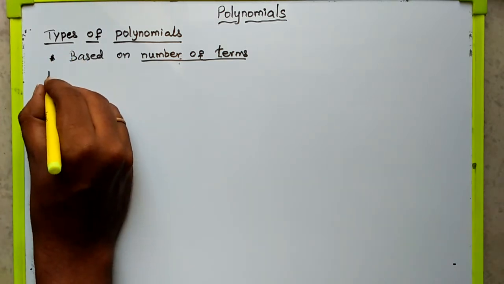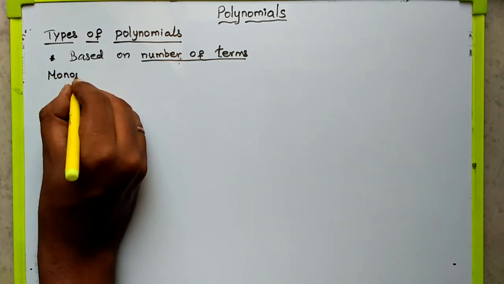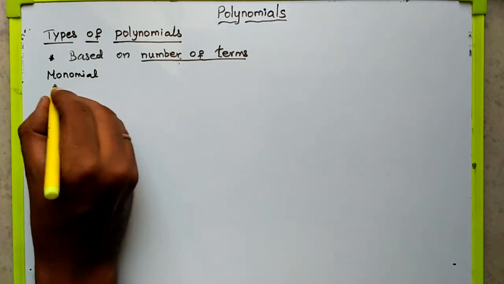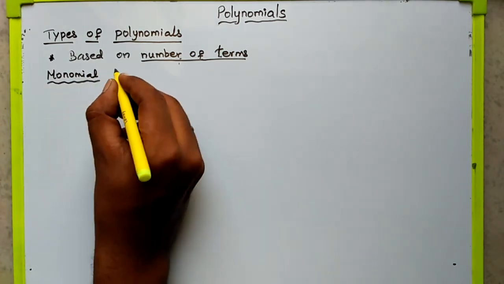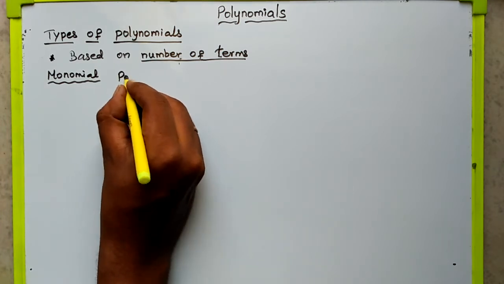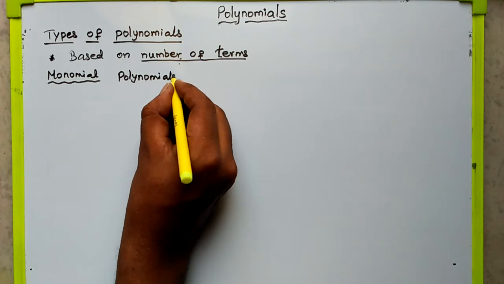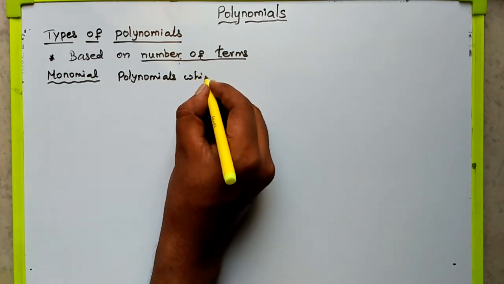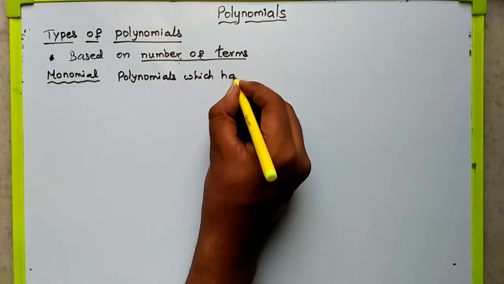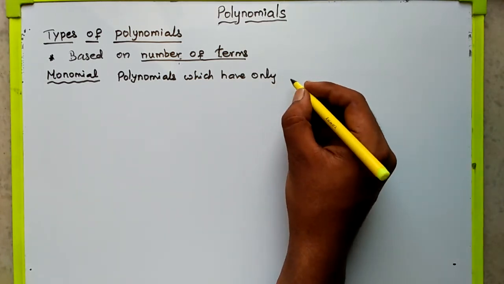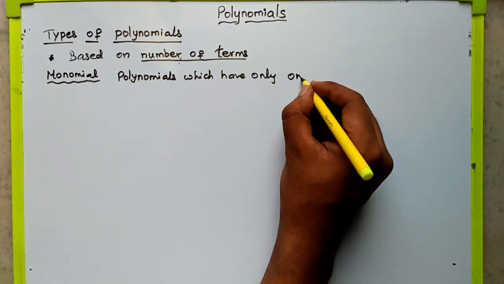So first one, monomial. Monomial, polynomials which have only one term.